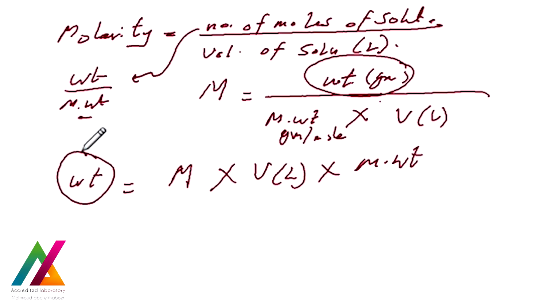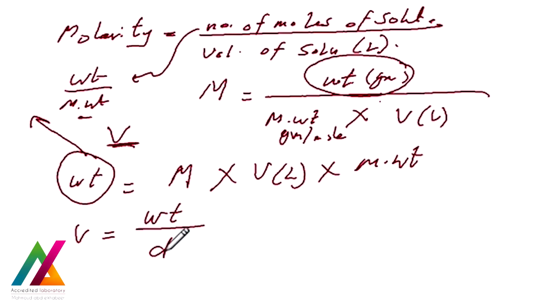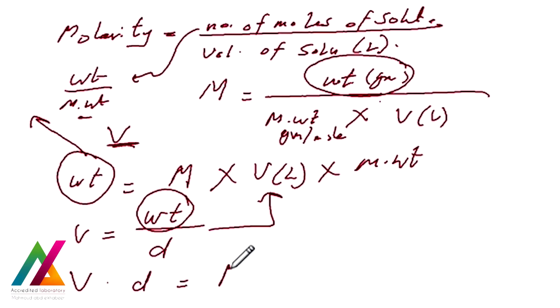But H2SO4 is a solution, so we should convert the weight to volume, and that will be from this equation: V equal to weight divided by d, density or specific gravity. So weight is equal to V d, and we can substitute in this equation. So V d is equal to M V times molecular weight.